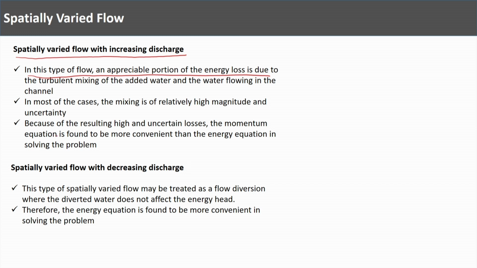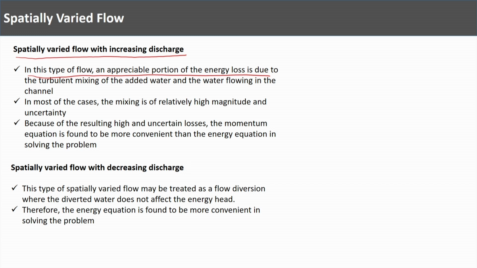Because of the resulting high and uncertain losses, the momentum equation is found to be more convenient than the energy equation. So in the case of spatially varied flow with increasing discharge, there is a high energy loss, and therefore we will use the momentum equation to derive the flow equation.